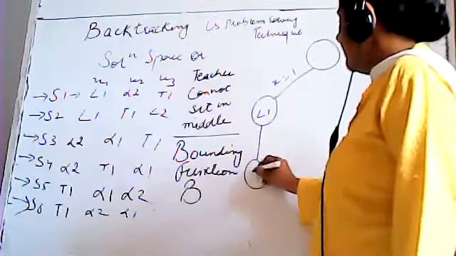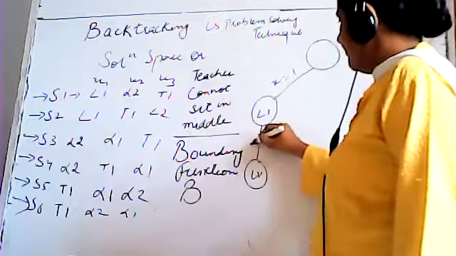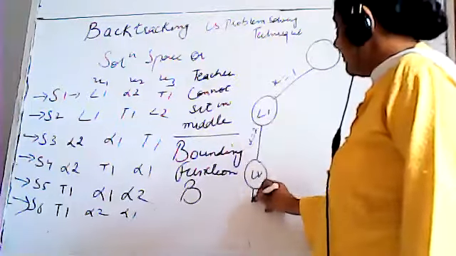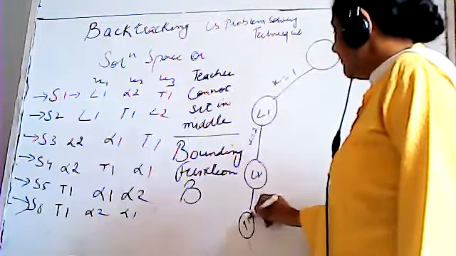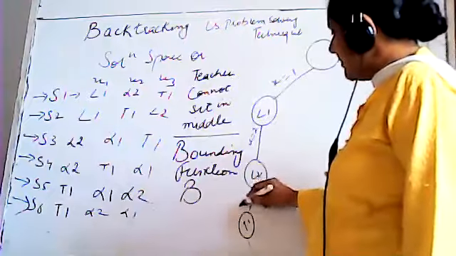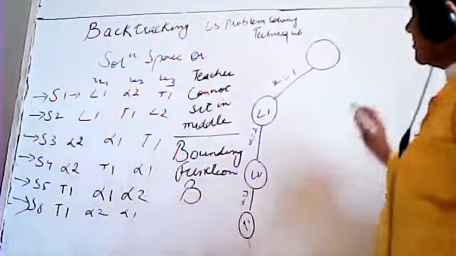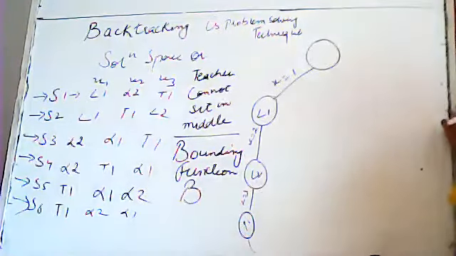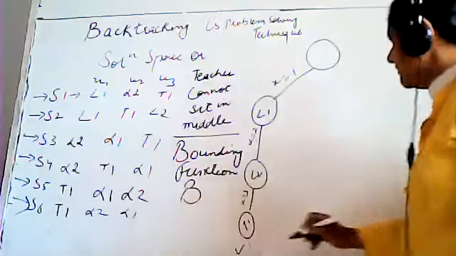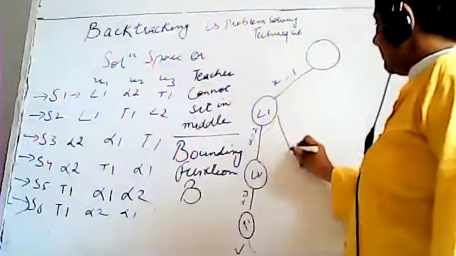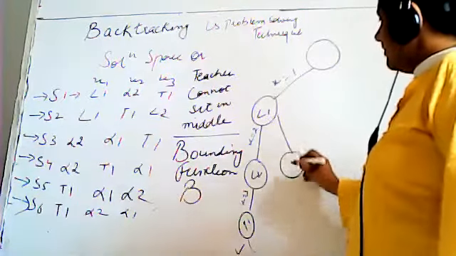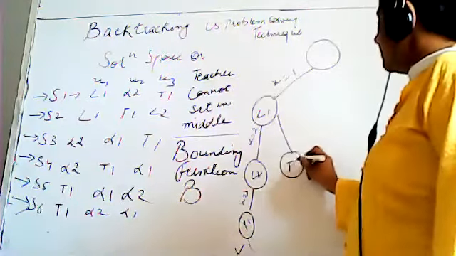On the second chair, L2. On the third chair, T1, x is equal to 3. Now see, the teacher is not sitting between two lawyers, so this could be my one solution. In the earlier tree, I was putting teacher 1.